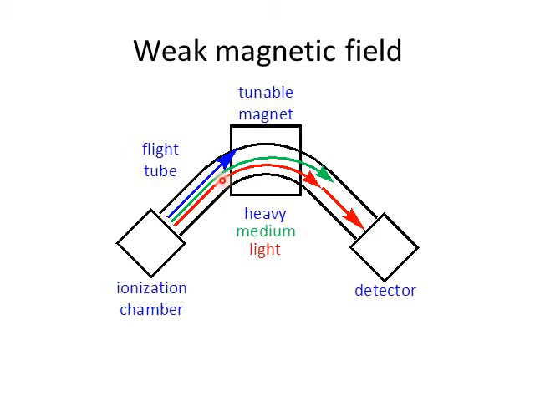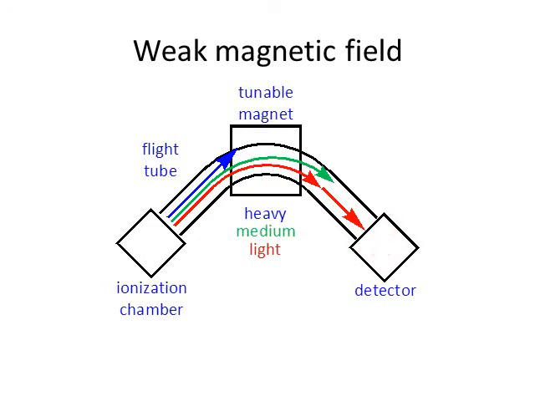So the tennis ball, if there was just a light breeze blowing across the table, would probably turn quite a bit, and the bowling ball, really not much at all. The same thing happens here. If there is a weak magnetic field, light particles will turn a lot in response to that. Mediums, not so much. Heavy particles, hardly at all. But at a weak magnetic field, the very light particles will turn just enough, they'll go 90 degrees, and they'll hit this detector.